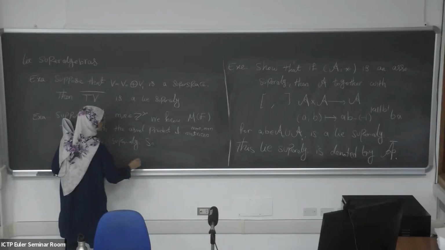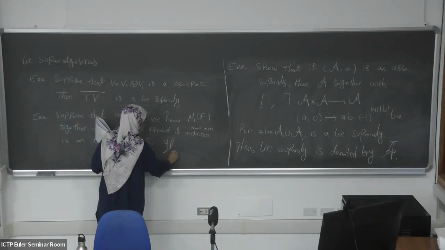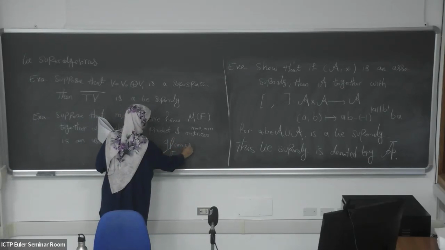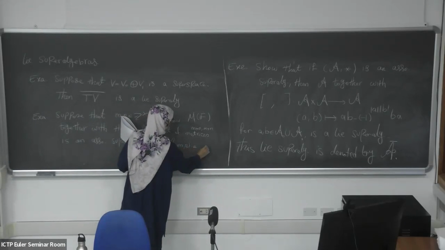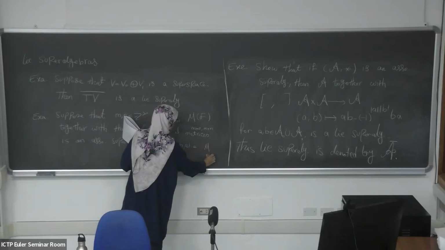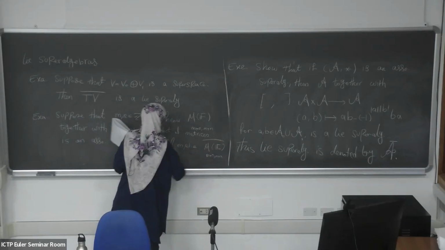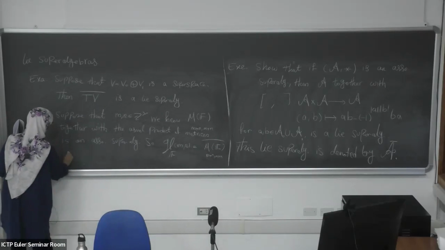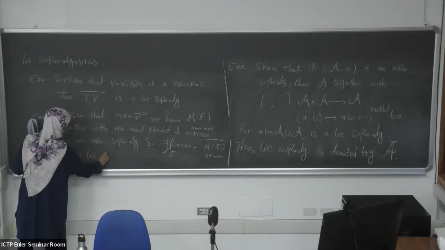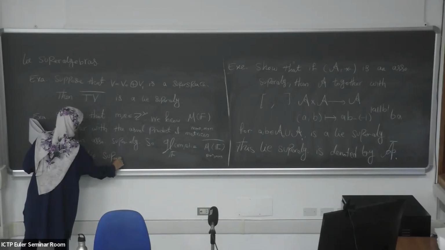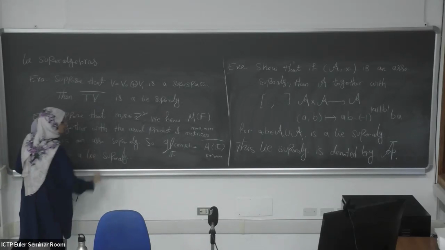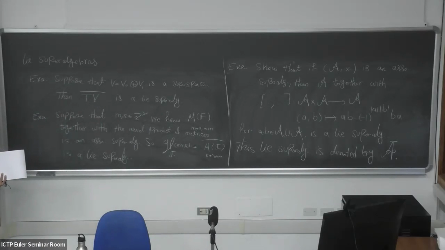So gl(m|n, F), which is the (m plus n) by (m plus n) matrices with the bar, is a Lie superalgebra.